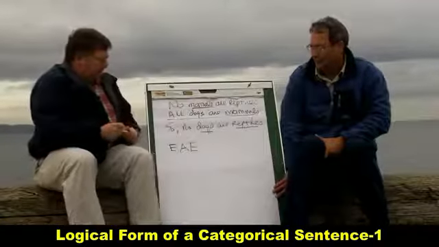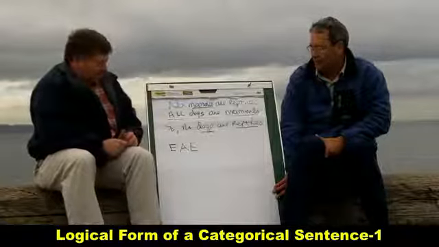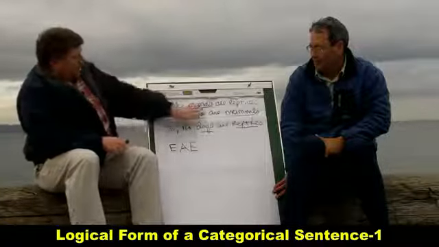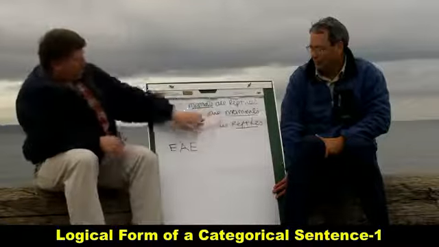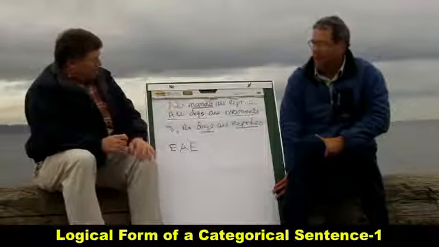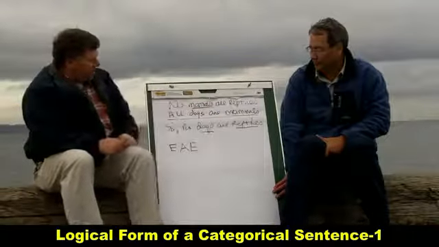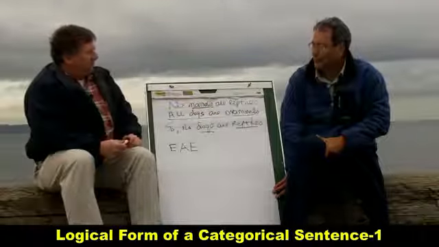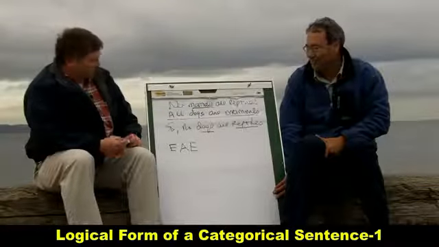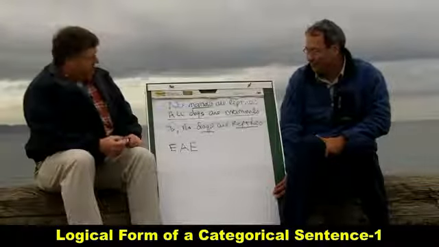So the form is E, A, E, and then we have to talk about the arrangement of the middle term. And we go to the chart, and this is the first figure, isn't it?